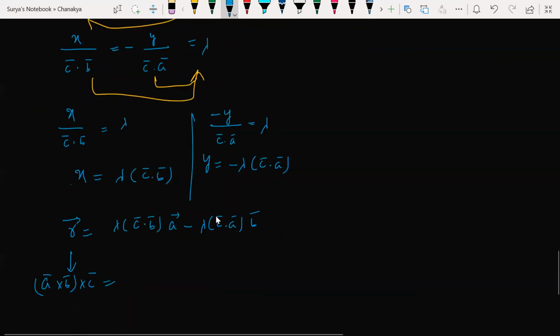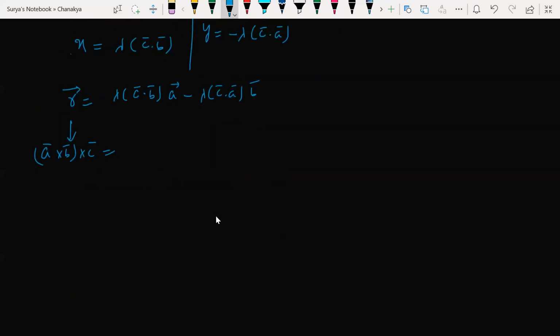Look at this, we got it very simple, isn't it? So lambda times C dot B A vector minus C dot A B vector. This was my requirement, pretty simple.